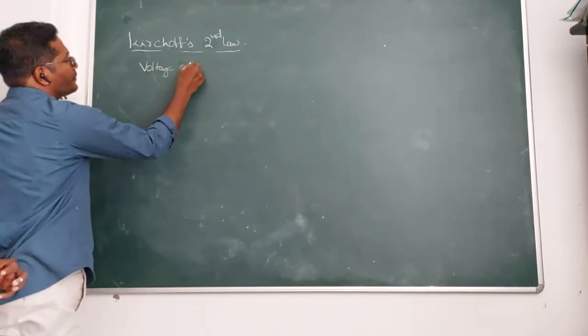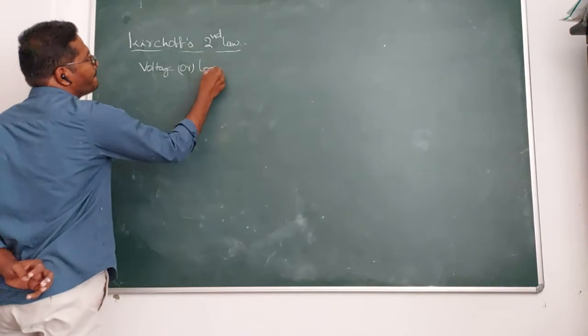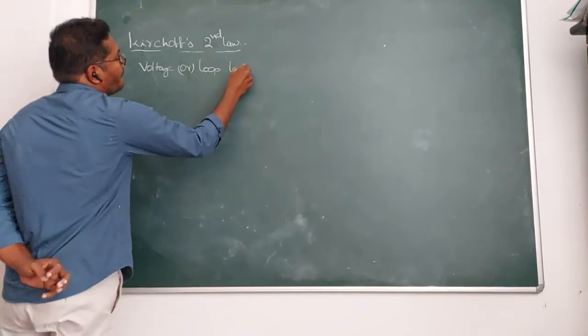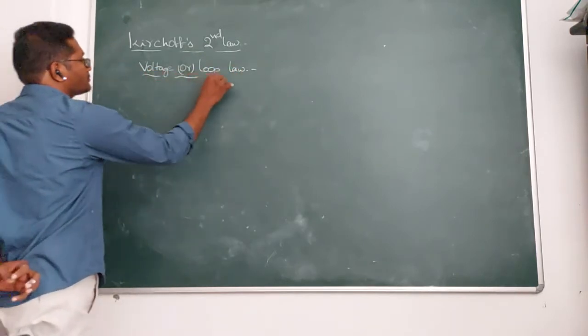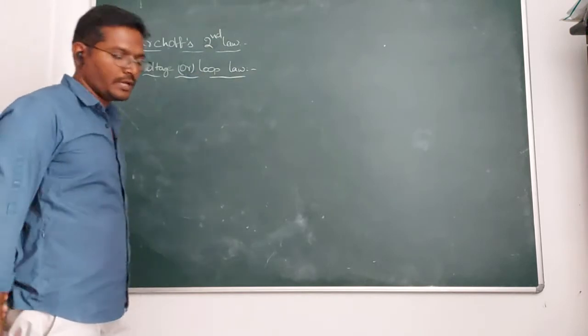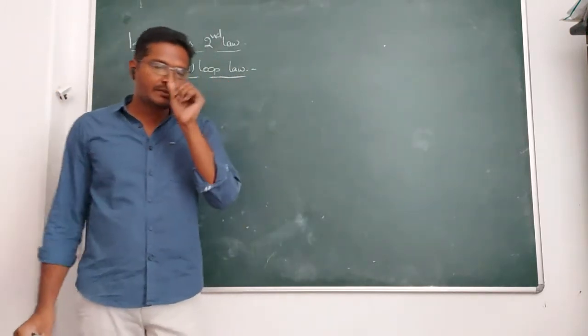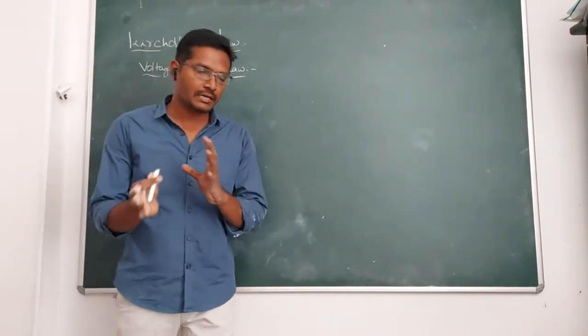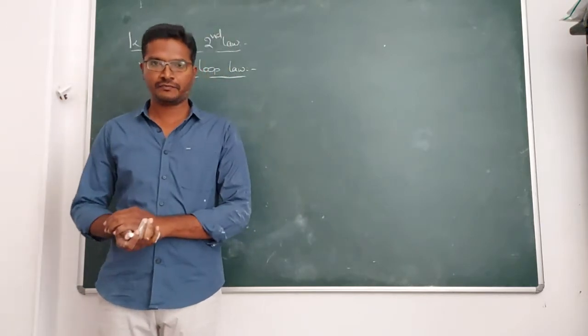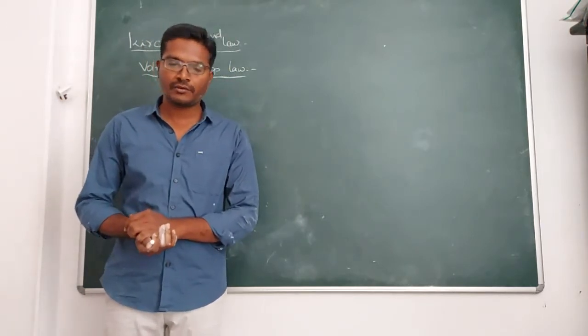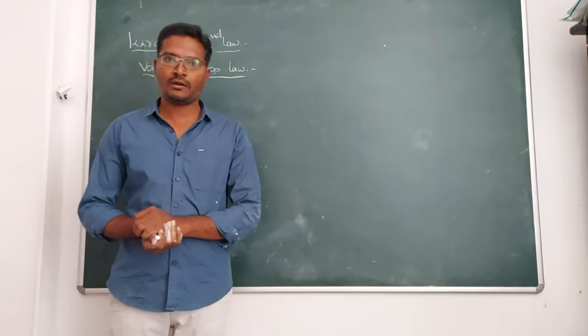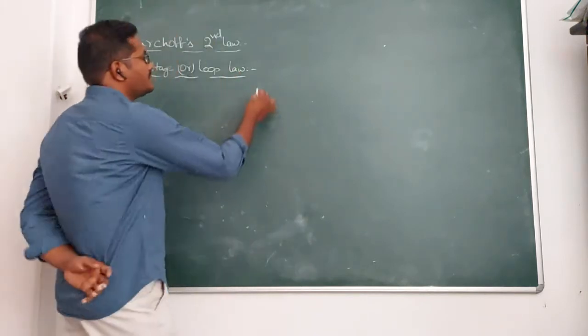Kirchhoff's second law is said to be the voltage law or loop law. So the algebraic sum of the potential differences in a circuit is 0. That is the loop law.